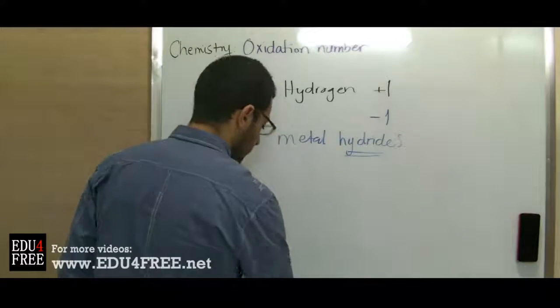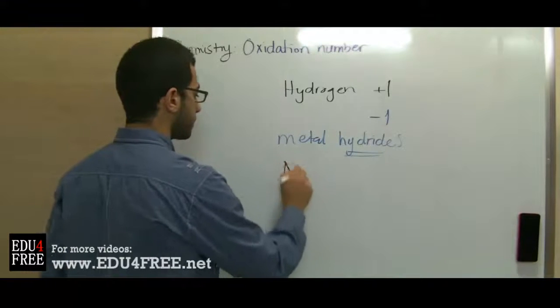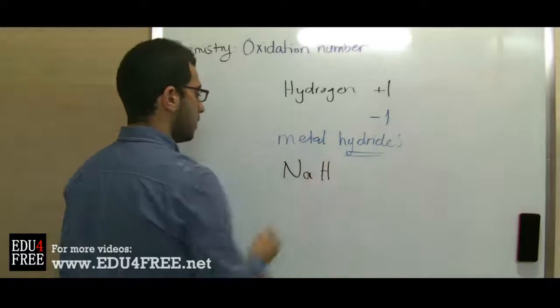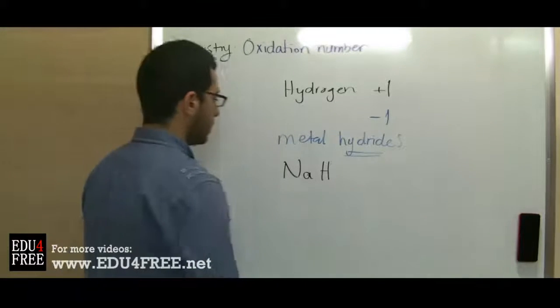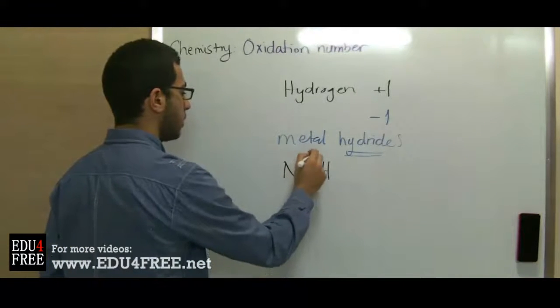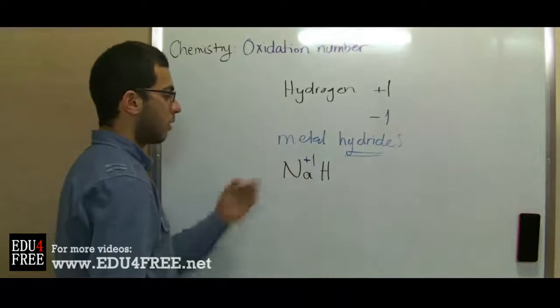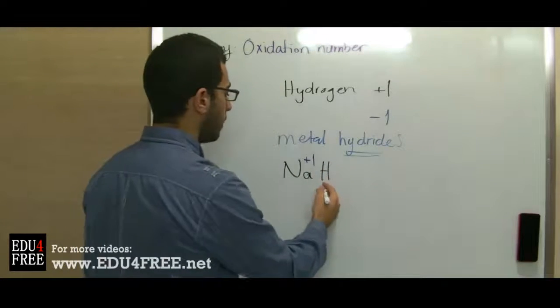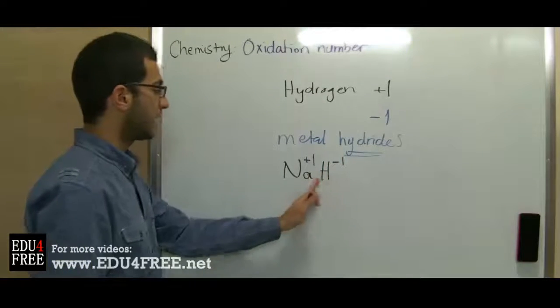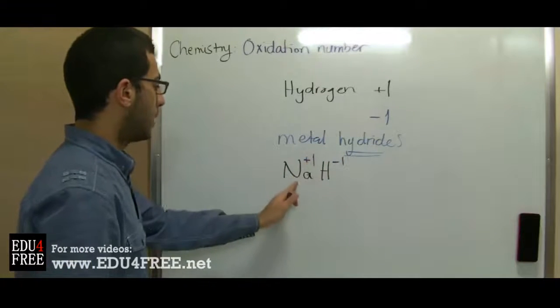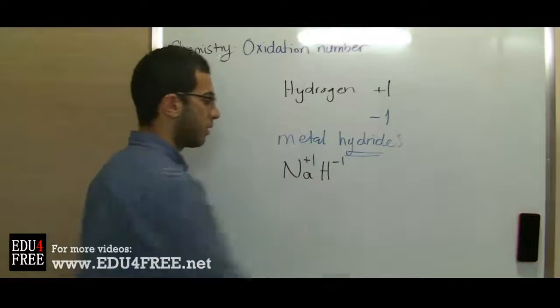For example, sodium hydride, NaH. We know that the oxidation number of sodium is +1, so apparently the oxidation number of hydrogen will be -1 because it will gain the electron given or lost by sodium.